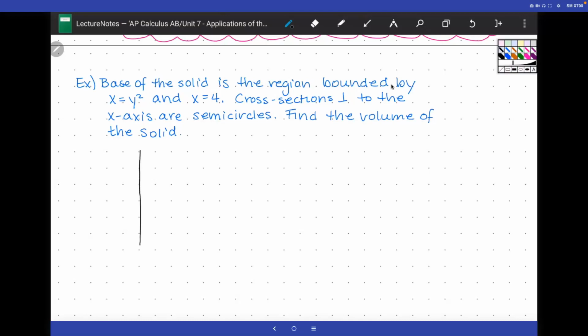I'll put my axes here. x equals y squared, a sideways parabola that opens to the right, with the vertex at the origin, right there. Oh, let me change colors.